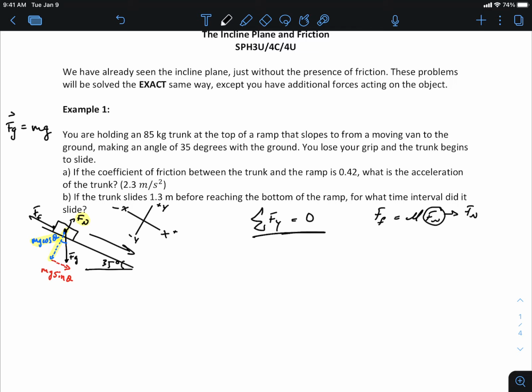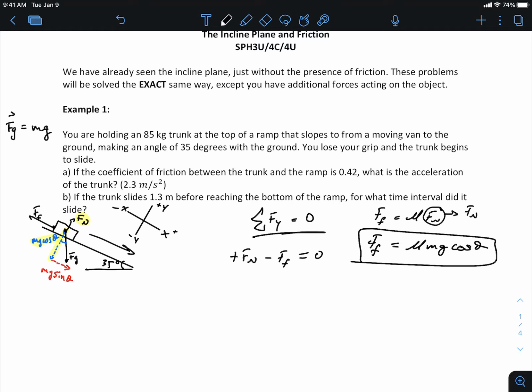The only thing it's good for is identifying that the force of friction is actually equal to mu mg cos theta. That's all it's used for. So if I actually run through that, you're going to see a positive Fn, and the negative Fg, sorry, not force of friction, silly me.